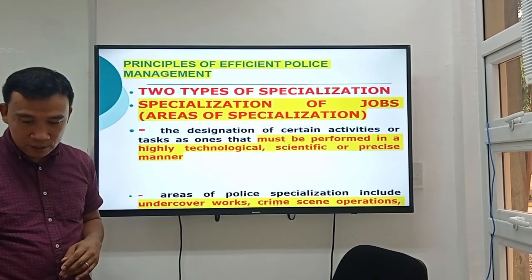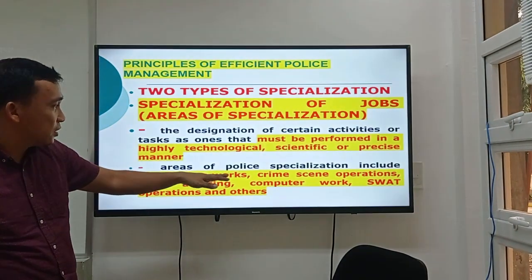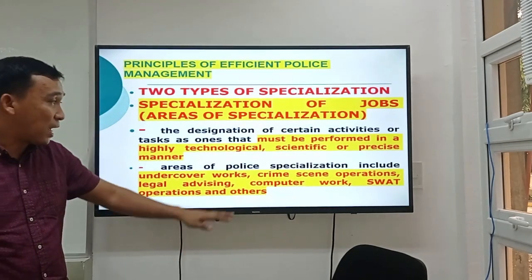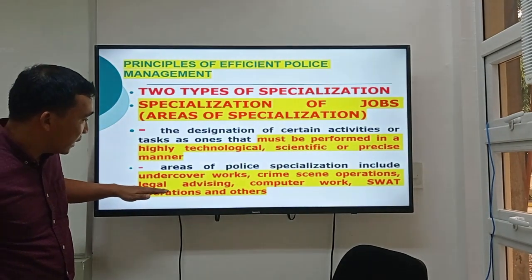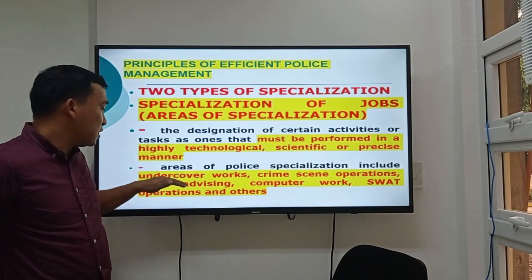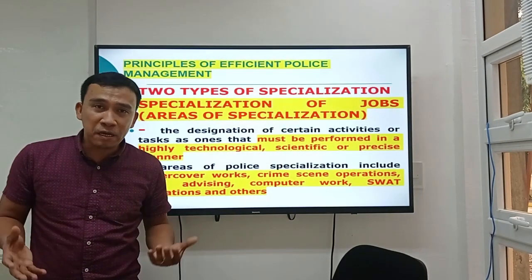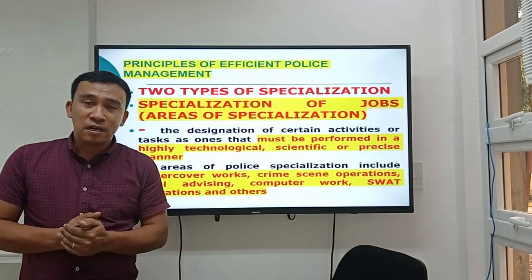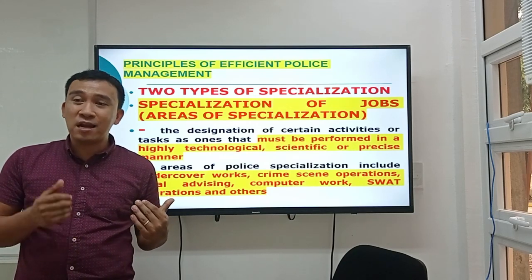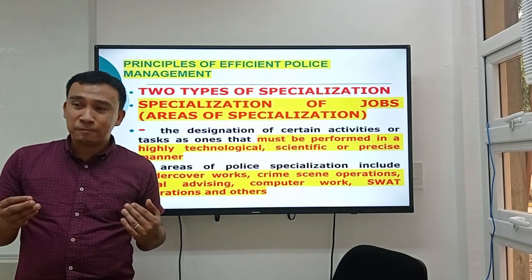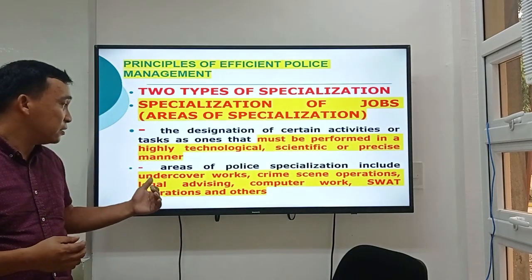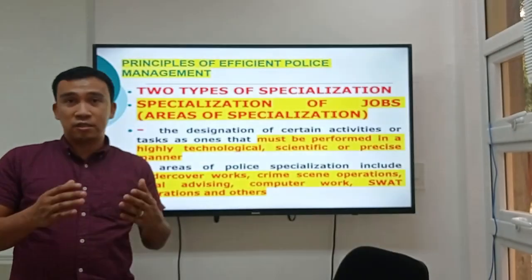Like, for example, ang sabi dito, areas of police specialization includes undercover works, crime scene operations, legal advising, computer works, SWAT operations, and others. Undercover works, ito ay specialized unit wherein para ikaw ay ma-equip dito, you need to undergo trainings concerning undercover works.